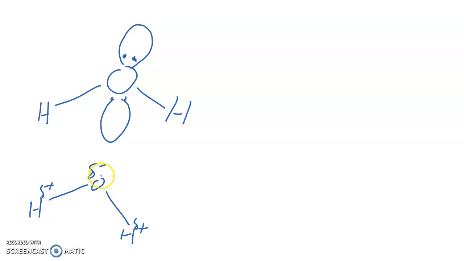So this partially negative oxygen will be attracted by the other hydrogen that is partially positive. Let me put a dashed line instead. It will be attracted to it.